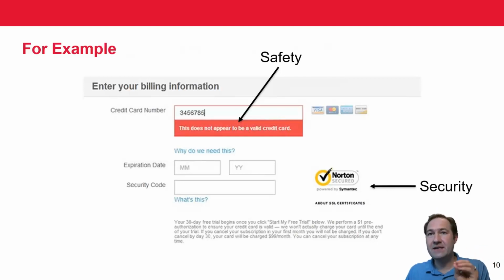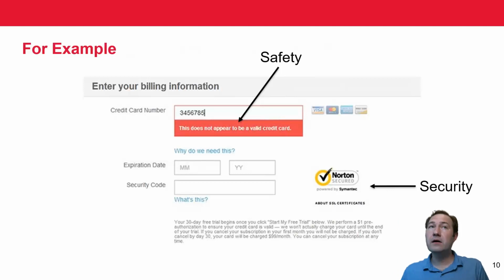When that's the case, we're talking about security. And so things like the type of SSL security certificates associated, or Norton has a whole suite to handle these things to make people feel comfortable. That's security that makes the transaction secure. And that's important, but it's not a focus of our course. We're not thinking about that in terms of usability.